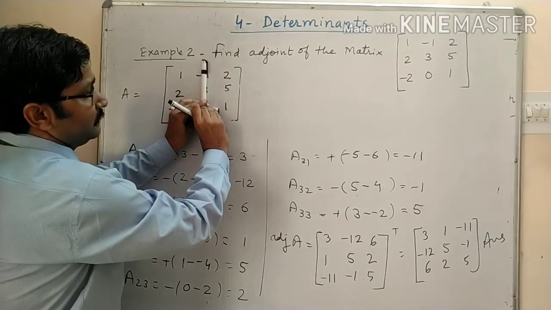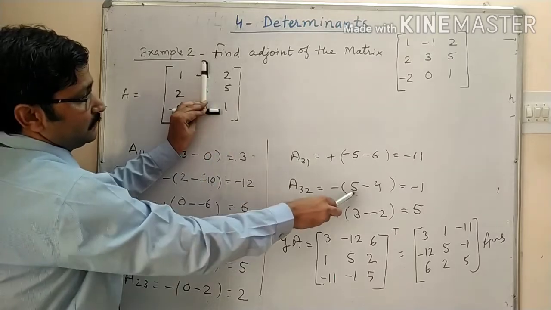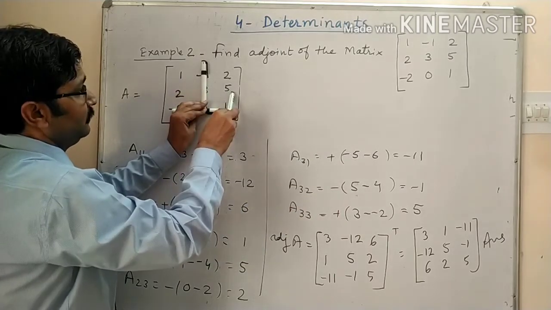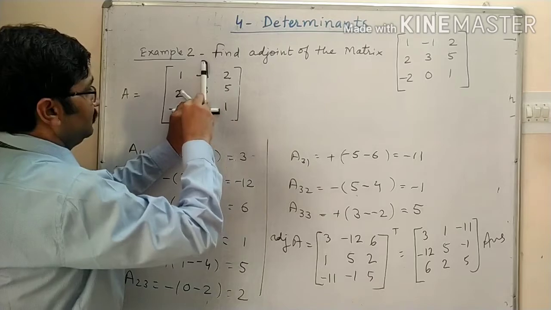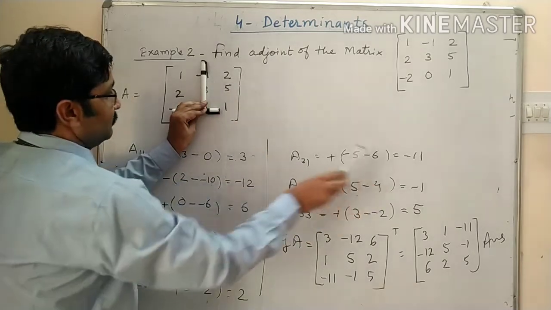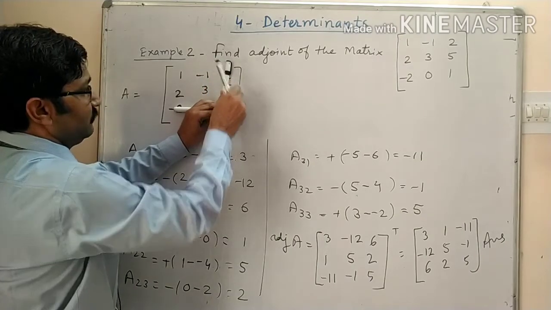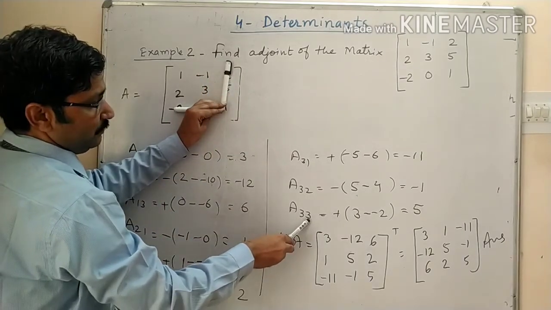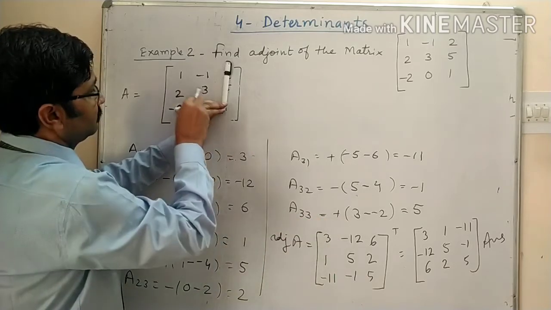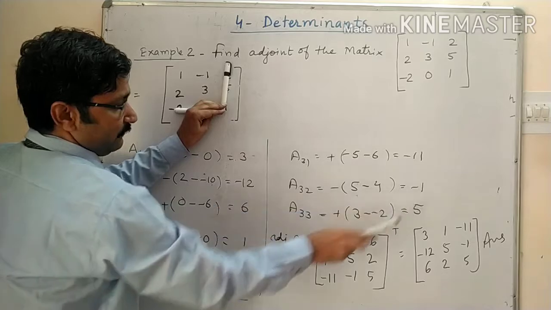That gives you A32. A32 is minus bracket 1 into 5 is 5, and 2 into 2 is 4. So 5 minus 4 is 1, and minus outside. So minus 1 you get. Next, you can check here, the third row and third column we will not take. So you have here 3 into 1 is 3, and minus 2, and minus minus is plus, so you get 5.